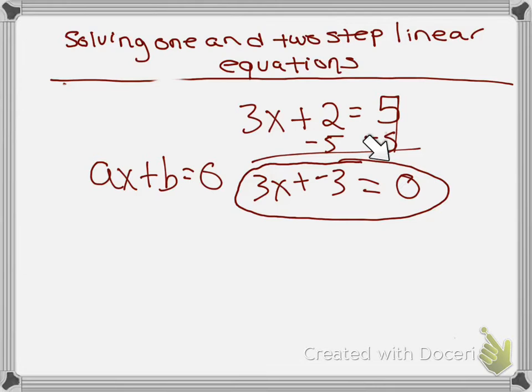But just realize that all equations can have one side equal to 0. And when they do, the x-intercept, if you were to graph this, would be the solution to that equation. Okay, so that's kind of important in the next unit, and that'll kind of get you used to that idea.